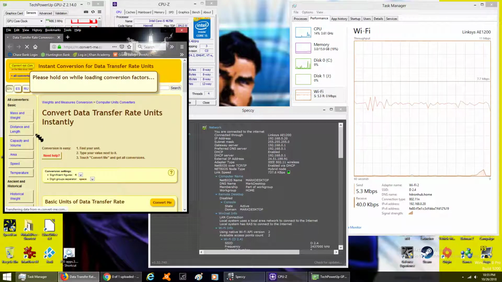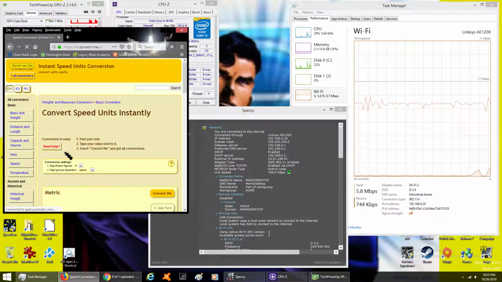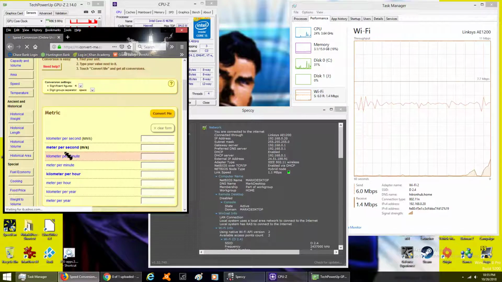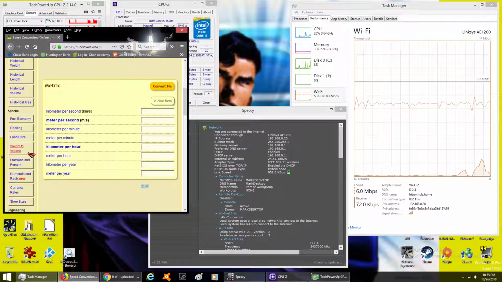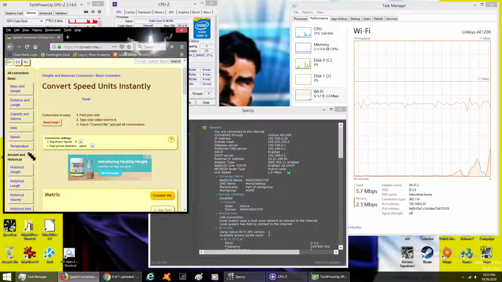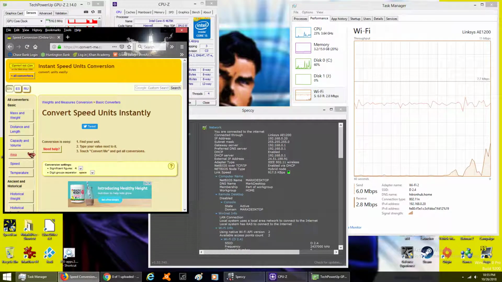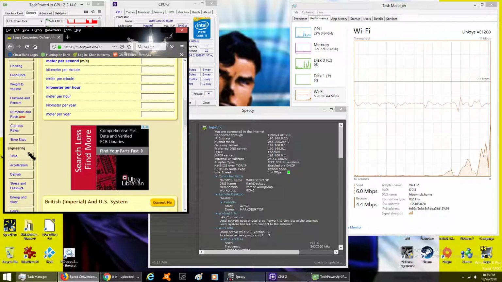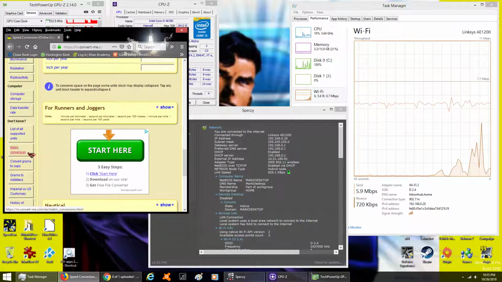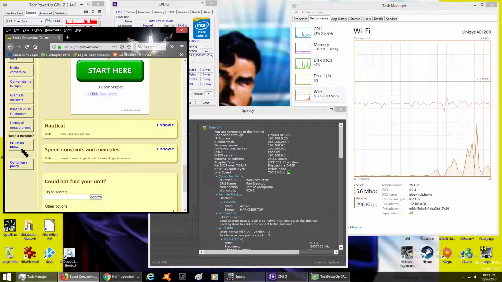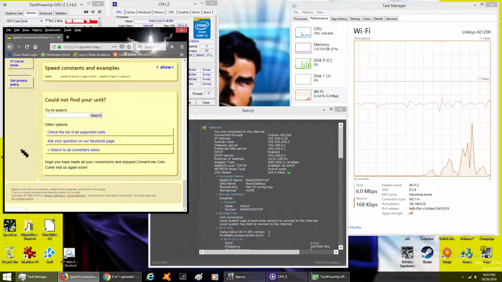Alright, so we gotta do speed. Maybe not. We need to do computer stuff. Rate, stress, pressure, torque. Yeah, there's conversions dash me.com. Let's see here.